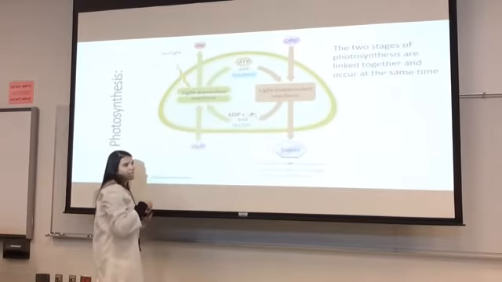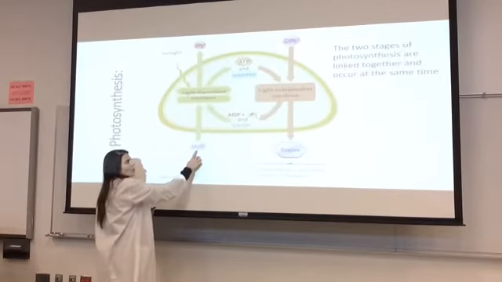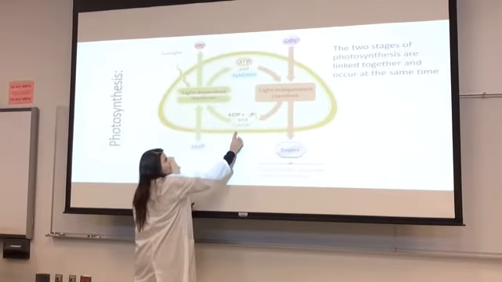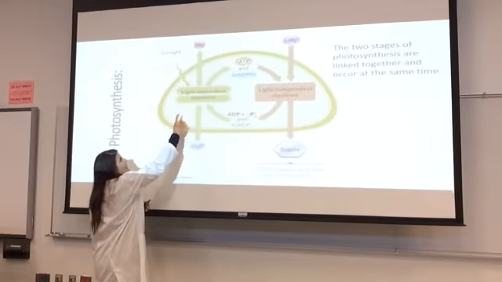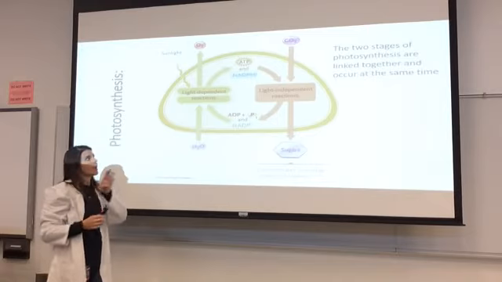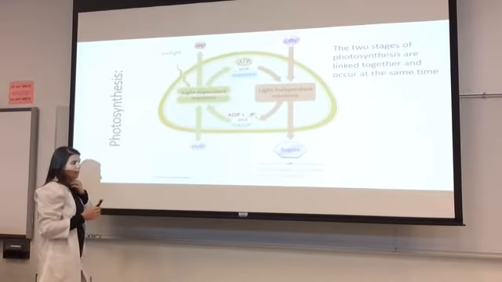The reactants, or what go in, include water, ADP, NADP, and sunlight. What is produced during the light-dependent reactions?